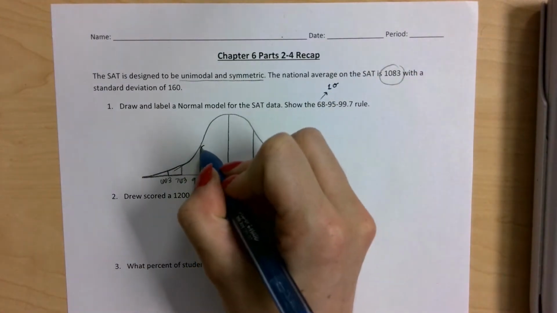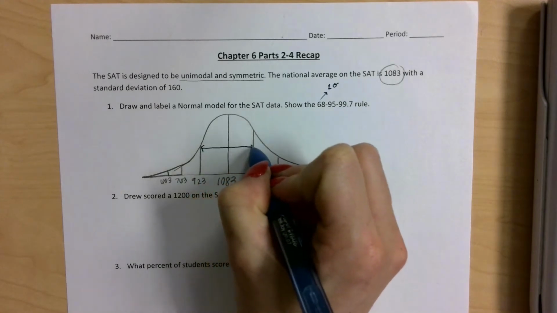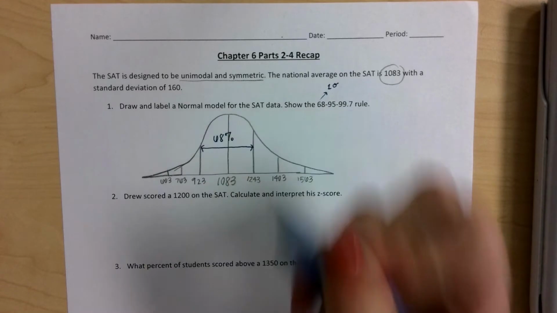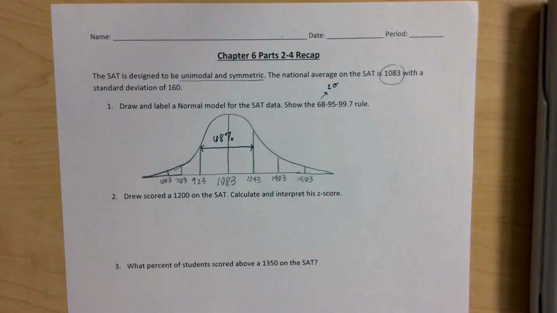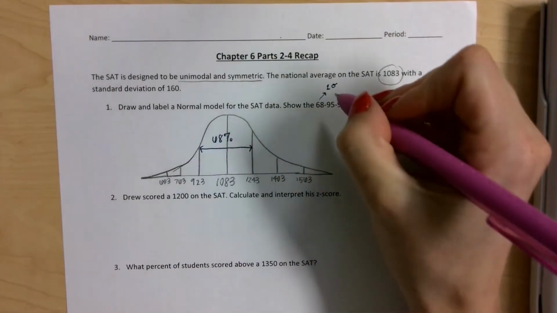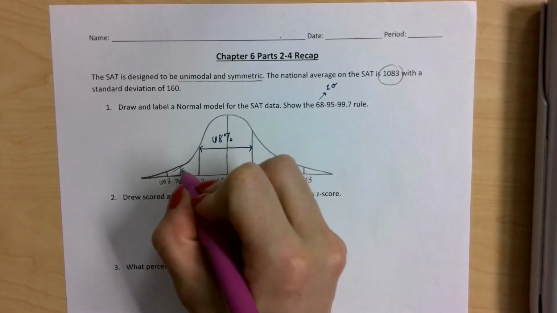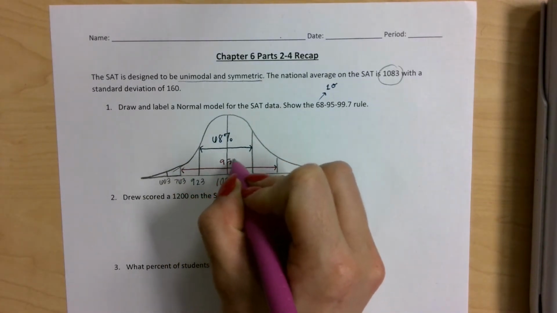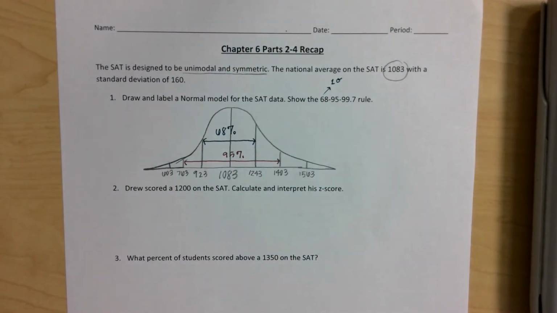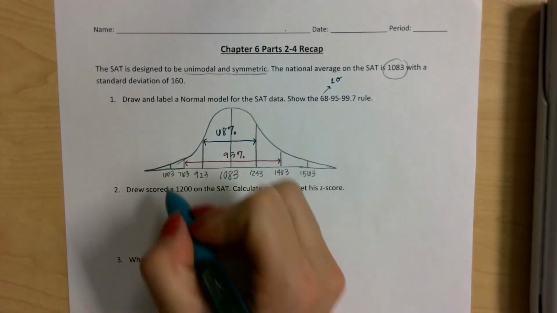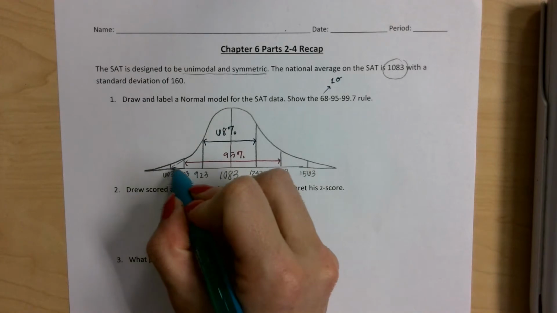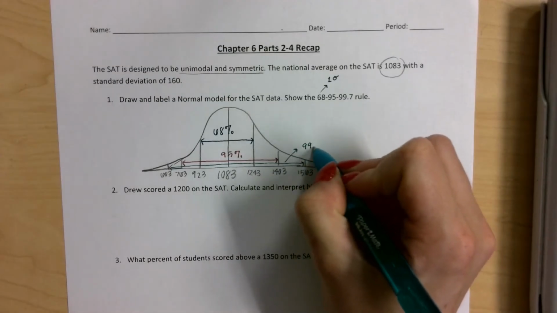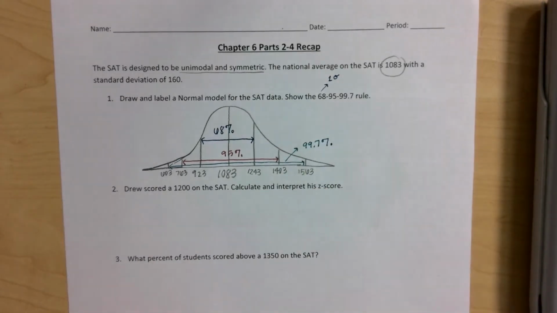So 1 standard deviation below to 1 standard deviation above should show 68% of my data. 2 standard deviations away is 95% of our data. And then within 3 standard deviations is almost all of our data. This here is 99.7%.